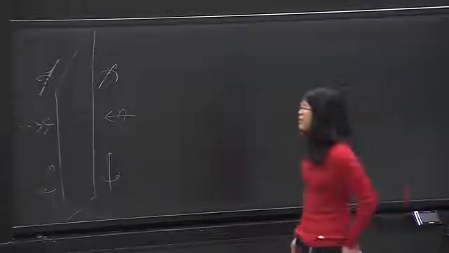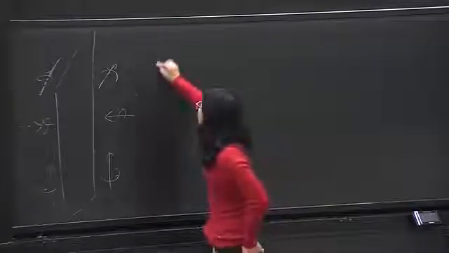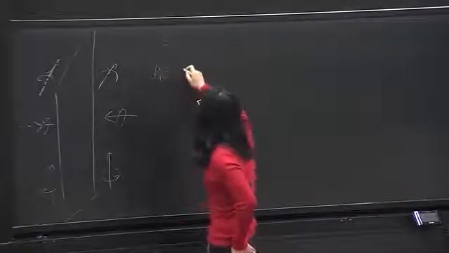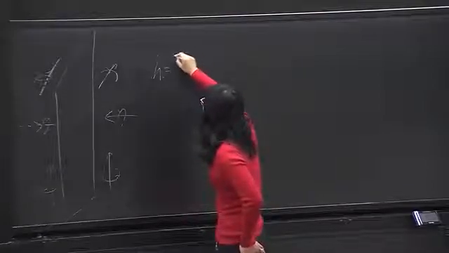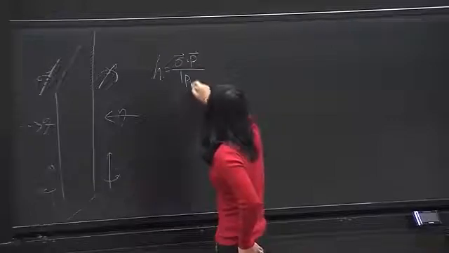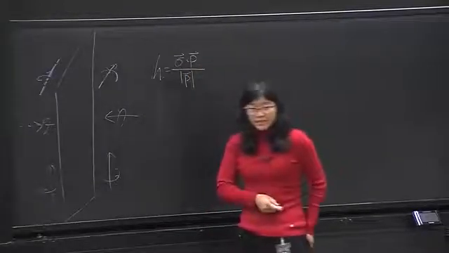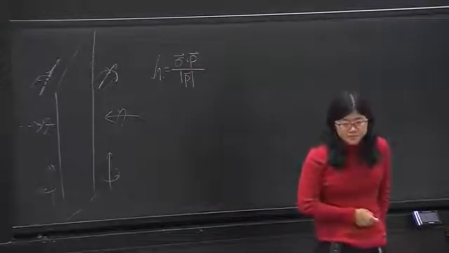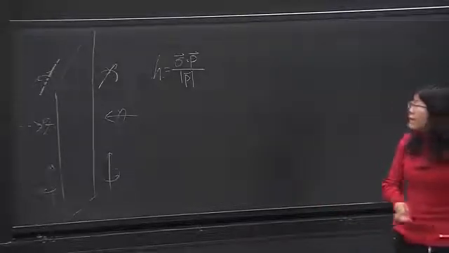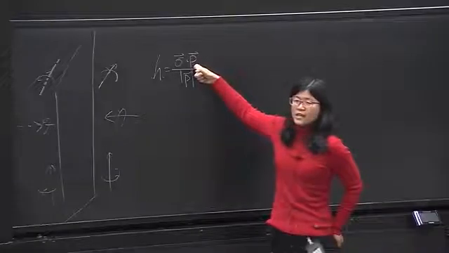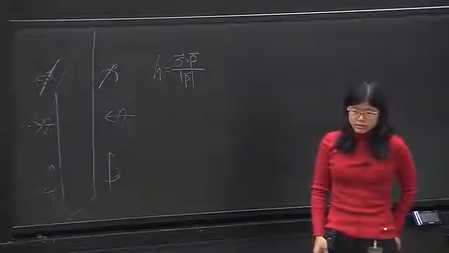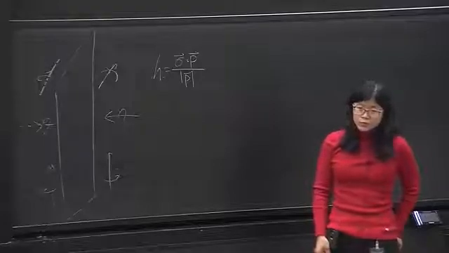And remember, our helicity is defined to be the projection of the angular momentum in the momentum direction, which means if only one thing changes sign, the helicity will change, no matter what you do.